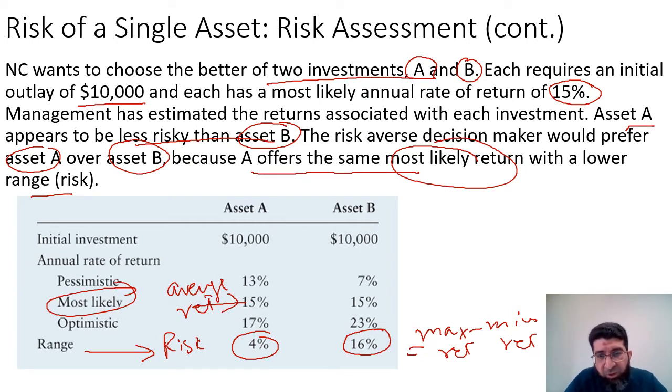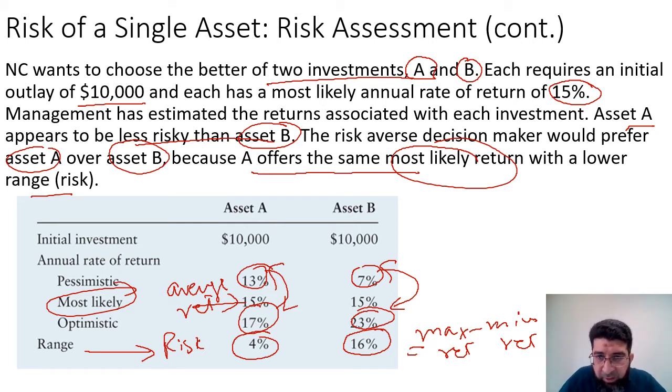So the risk is reflected in the pessimistic versus the optimistic returns. They are far away in case of asset B and they are closer to each other in terms of asset A. So here you can also write 23% minus 7% will give you 16%.